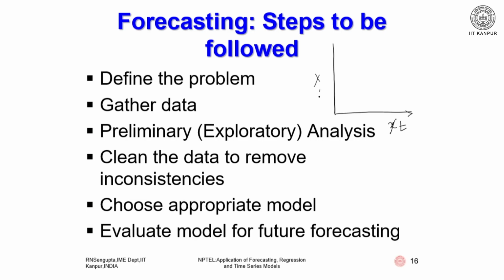And consider you are plotting x. X can be anything, whichever example we use. Consider the data is such, let me use the red point, and the time frames, let me mark them as months. This is January, February, March, April, May, June. I will mark it 01 for January, 02 for February, 03 for March, 04 for April, 05 for May, 06 for June.